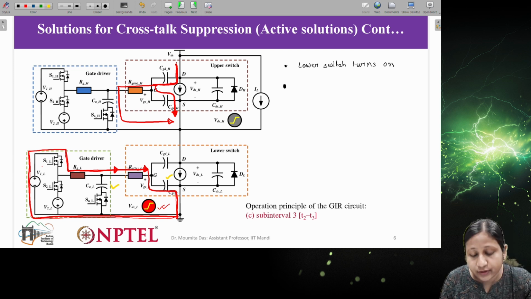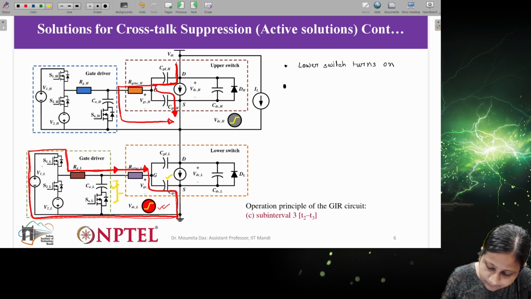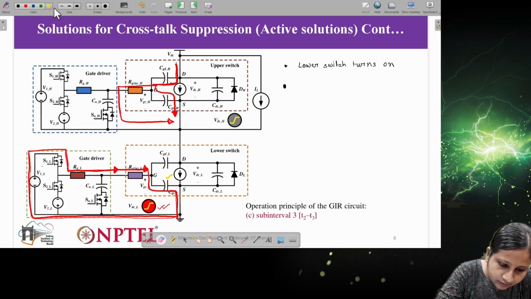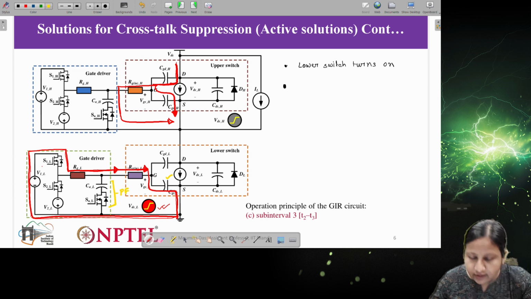But as I told you earlier, this particular branch will have a net capacitance in picofarad, right? It will be much smaller.